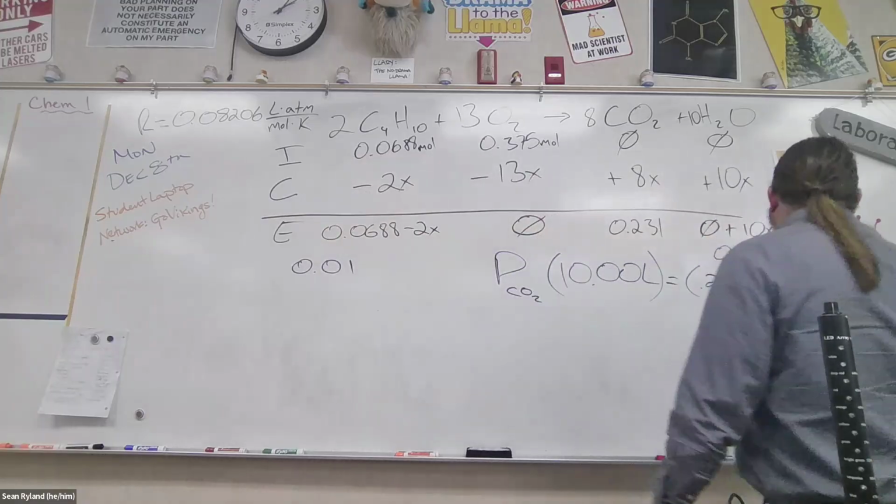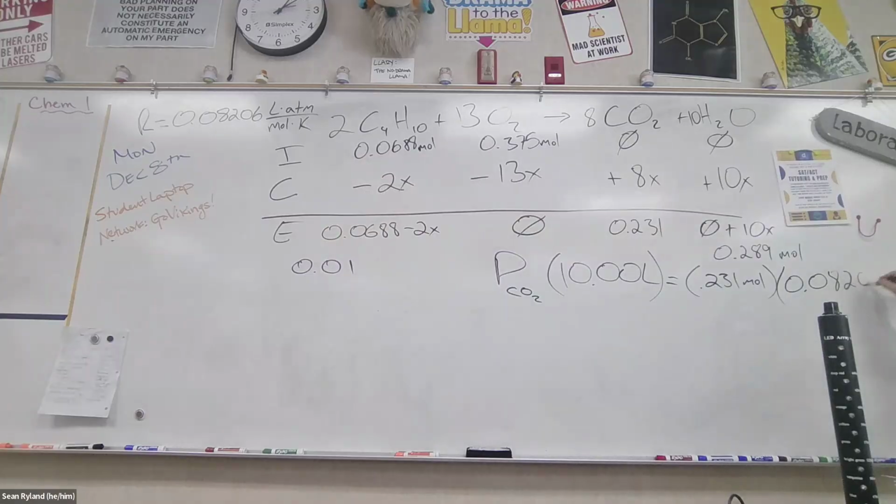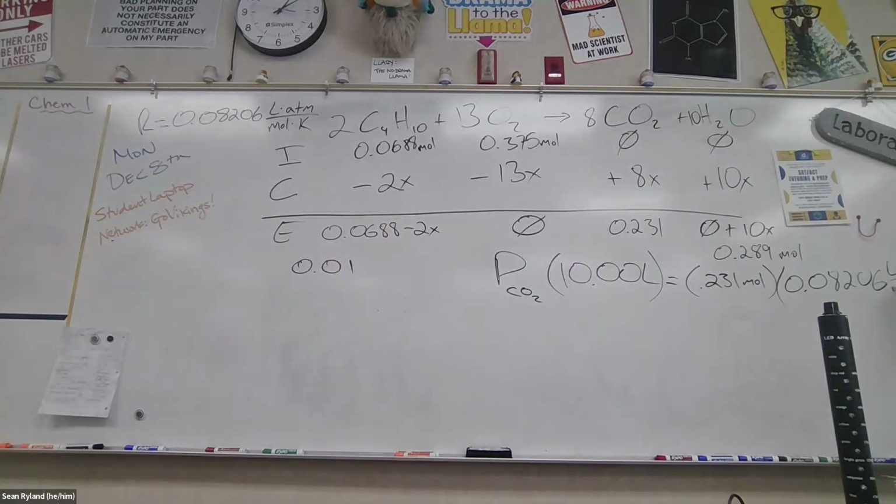R is always the same, in liters, atmospheres, moles, Kelvin. And then we had, what does it say? 39.1 Celsius, which we can't leave in Celsius though, right?